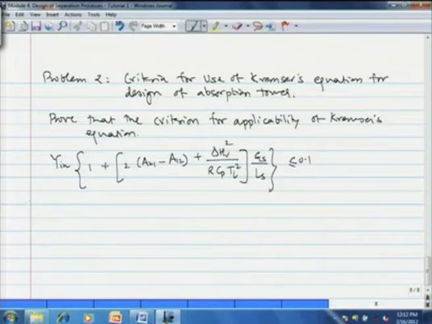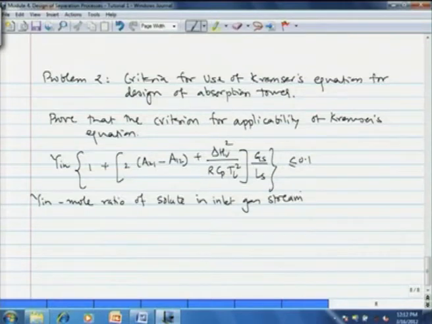Now, let us see the various notations. Y in is the mole ratio of solute in the inlet gas stream. A12 and A21 are the Margules constants of solute and solvent at infinite dilution.